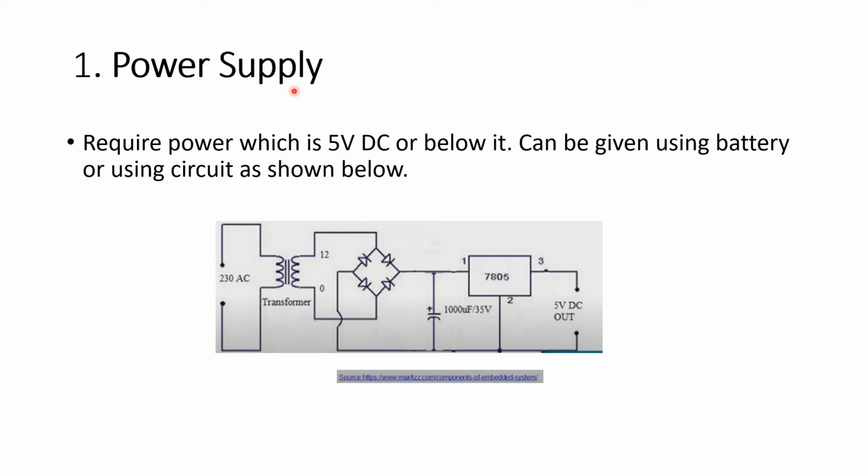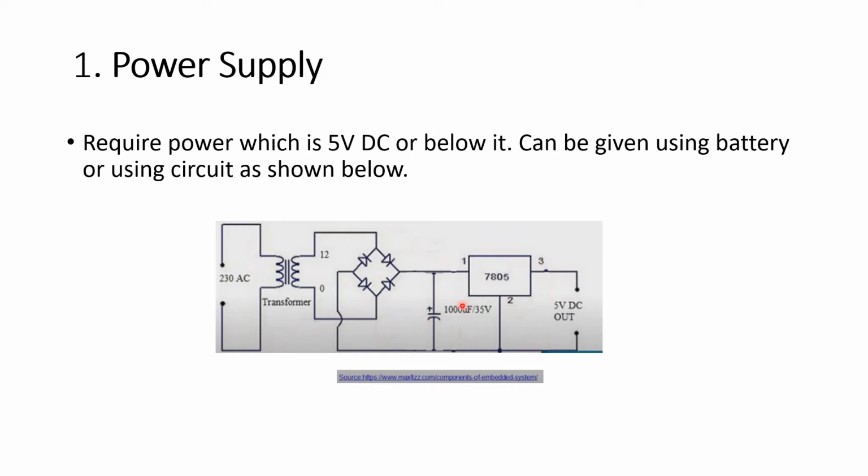We know that all these embedded hardware components require a power supply. We can have either a battery operated system or take the power from the mains. Battery operated systems are usually portable, and DC power can also be provided as such.